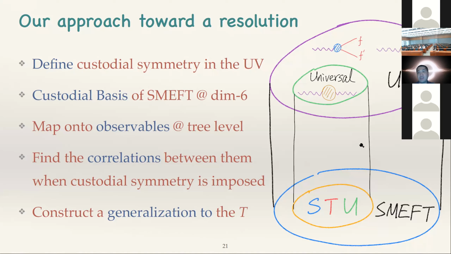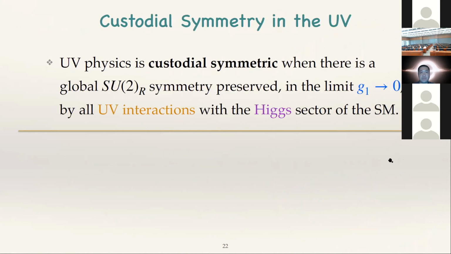Diagrammatically, you can see from this picture that universal theories are only a small subset of the whole kaleidoscope of UV theories. When you match them down to SMEFT, STU are applicable for universal theories, but generally they're not. So what are we going to do? First, we define custodial symmetry in the UV.